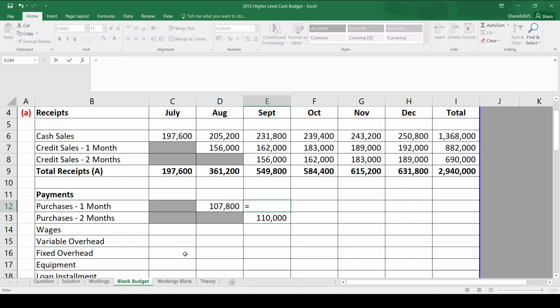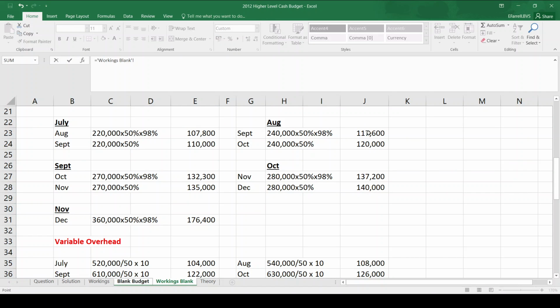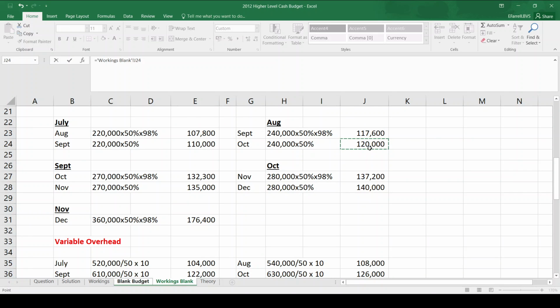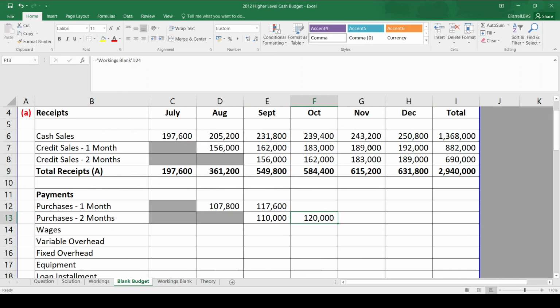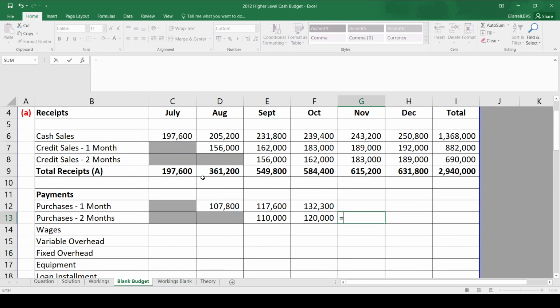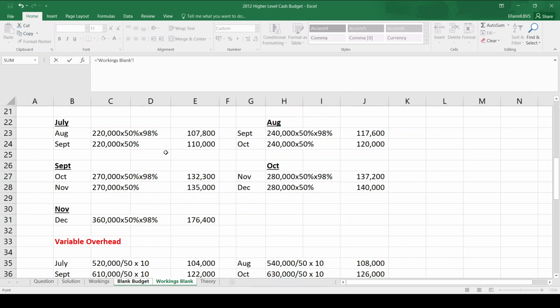August, I'm going to pay in September and October. September's purchases I'm going to pay for in October and November.